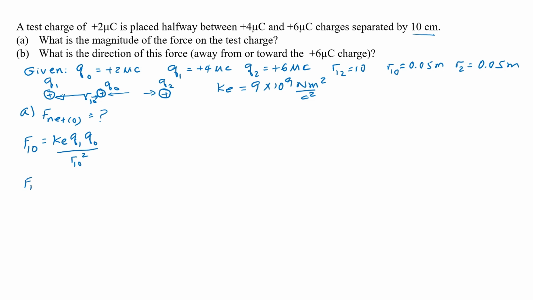Let's plug in the numbers. The force exerted by 1 on the target charge is going to be 9 times 10 to the 9 newton meter squared per coulomb squared, multiplied by the charge on 1, that's 4 microcoulomb, 4 times 10 to the minus 6 coulomb, multiplied by 2 microcoulomb, 2 times 10 to the minus 6 coulomb.